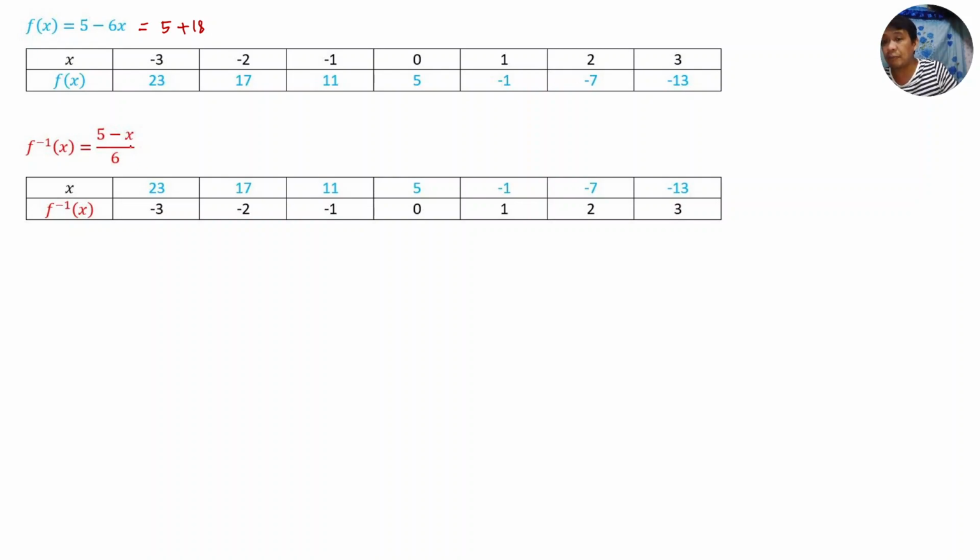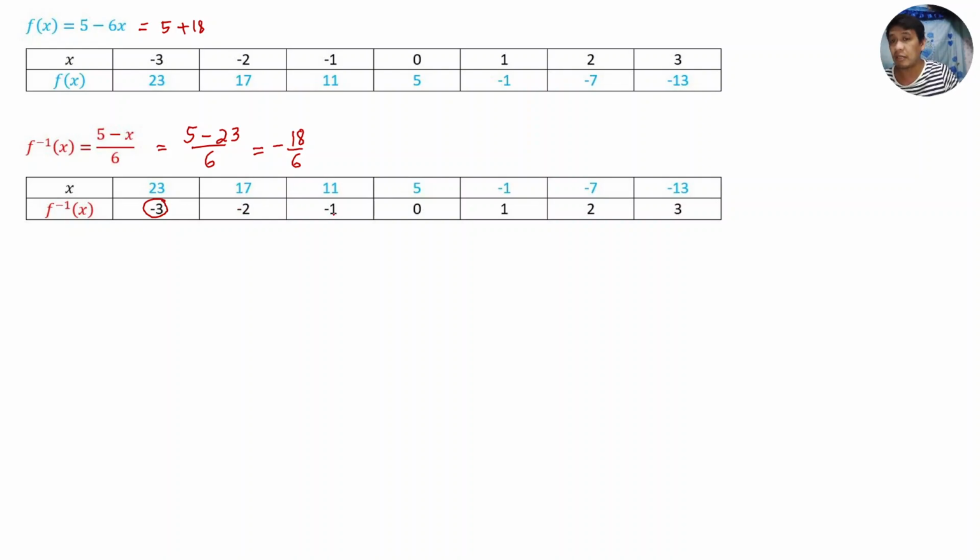And then for 5 minus x all over 6, if we substitute the value of x equal to 23, that becomes 5 minus 23 divided by 6. That gives us negative 18 divided by 6 is equal to negative 3. And therefore, the f inverse of x is equal to negative 3. And if we substitute 17, it becomes negative 2.